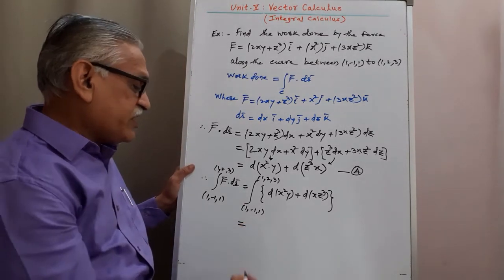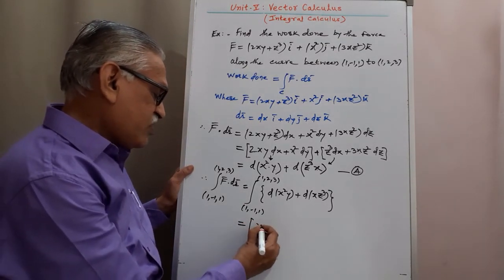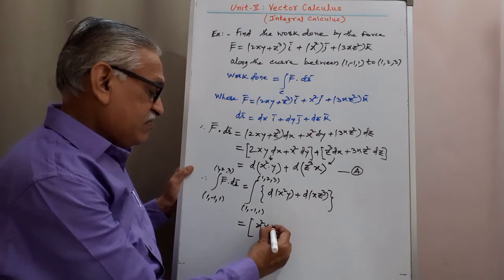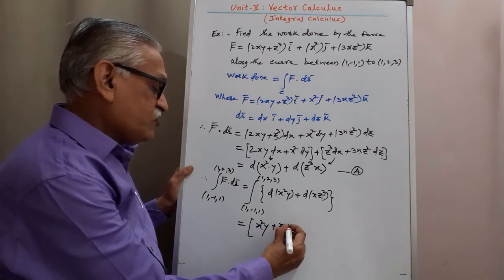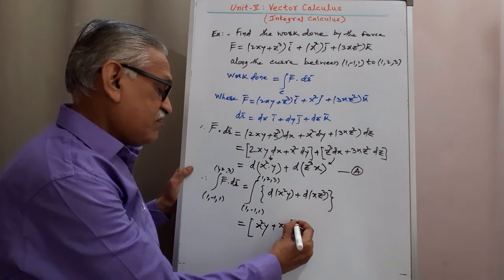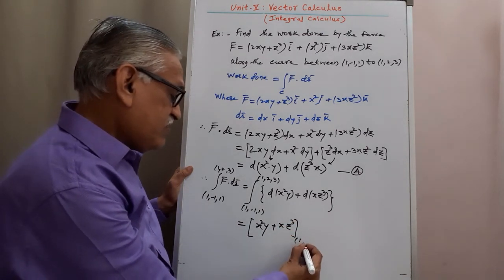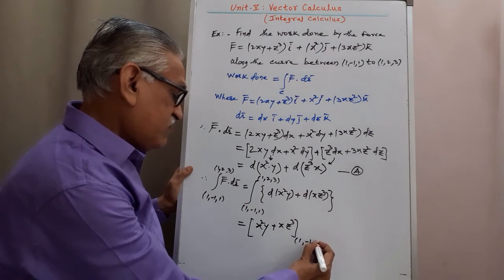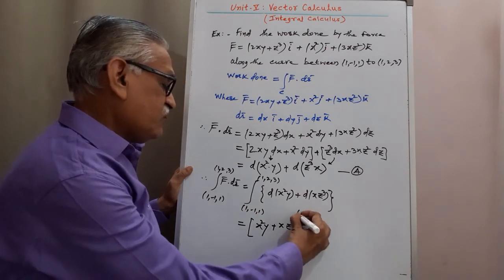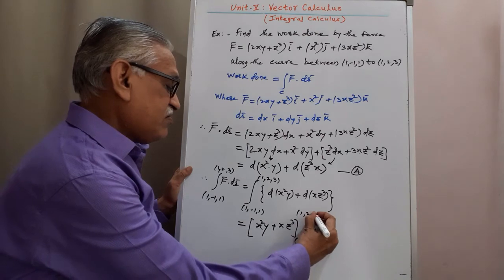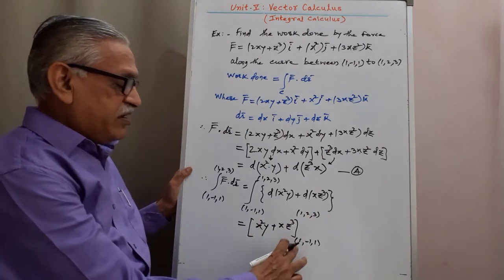a resultant quantity as x square y plus xz cube and limits from 1, minus 1, 1 to 1, 2, 3, xyz values.